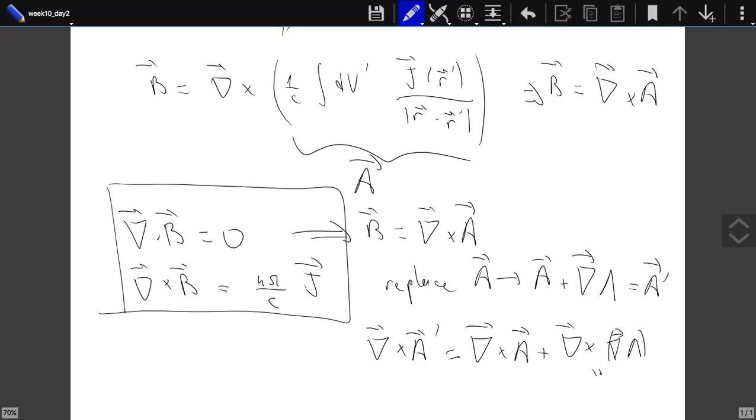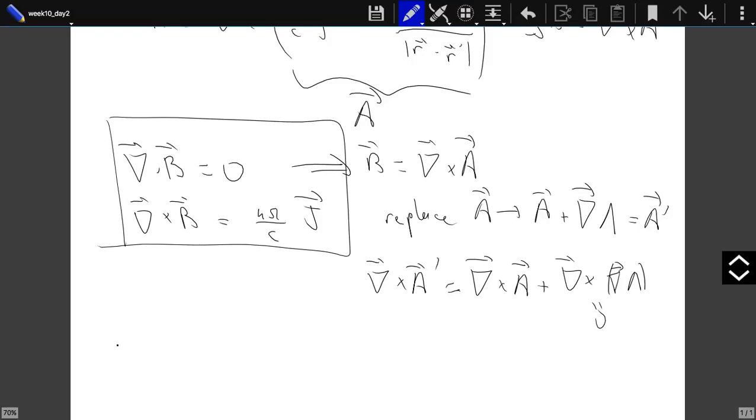But the curl of a gradient is always 0, so the curl of A prime is equal to the curl of A, which is equal to B. So this tells me that for a given magnetic field, the definition of A is not unique. There are infinitely many of them.